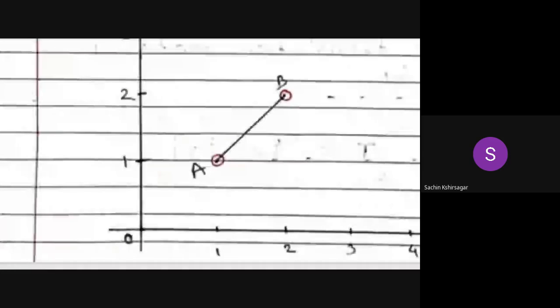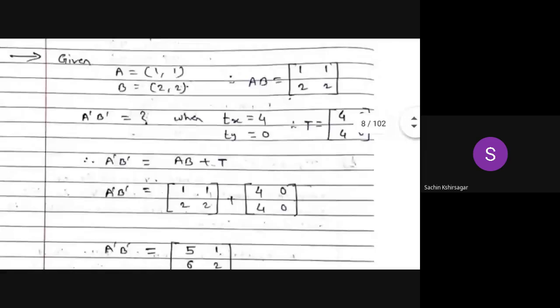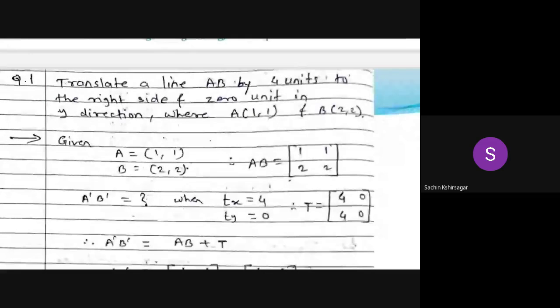Now we have to translate this line 4 units to the right side and 0 units in the y direction. 4 units to the right side is the horizontal distance. So Tx is given, because our transformation matrix is Tx, Ty.